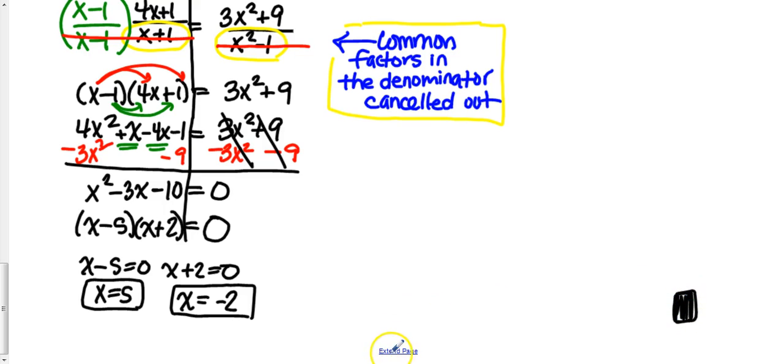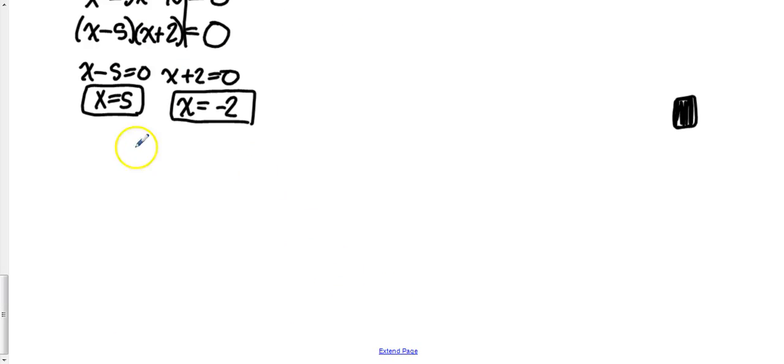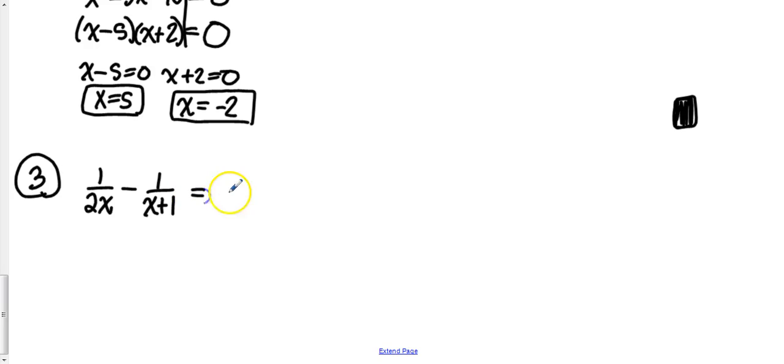But I would like to show you a preview of what's coming up for day 2 notes. So I will put this one here. So 3 will be 1 divided by 2x minus 1 divided by x plus 1 equals 1 divided by 3x squared plus 3x.